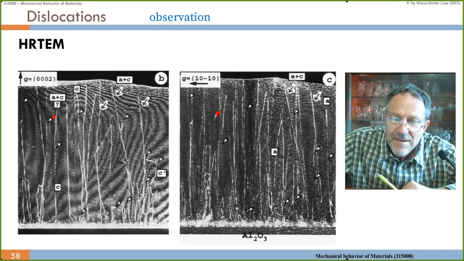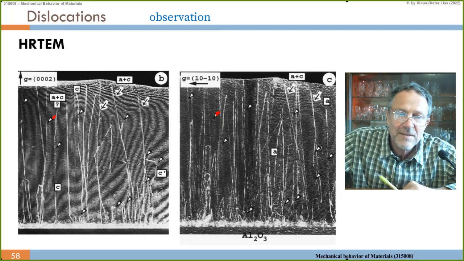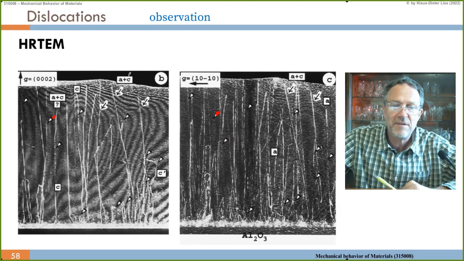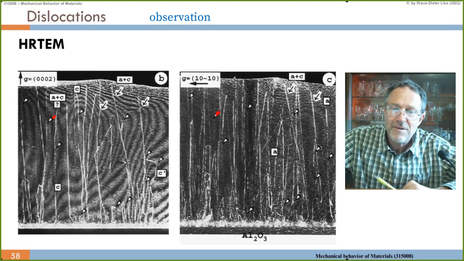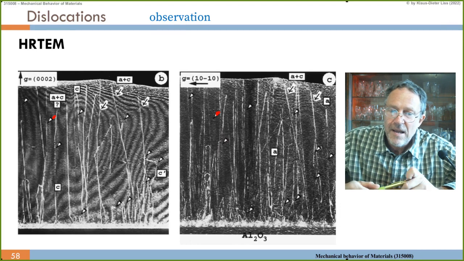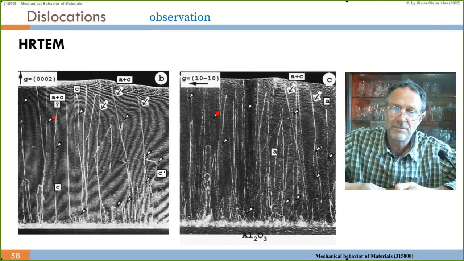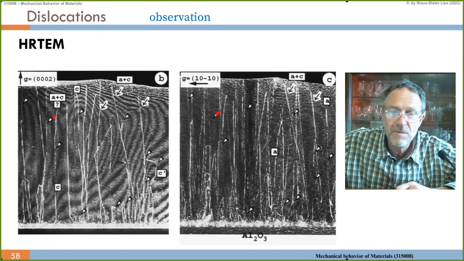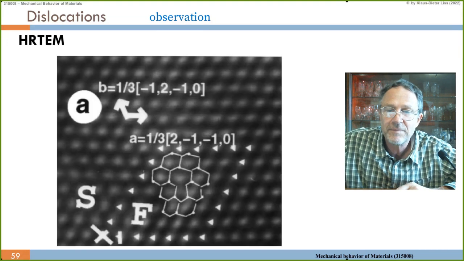We see here there's no dislocation line. There you see the dislocation line. So you can work out from different exposures with different orientation scattering vectors the orientation of the Burgers vector. That's what they do. We don't do it in detail here.